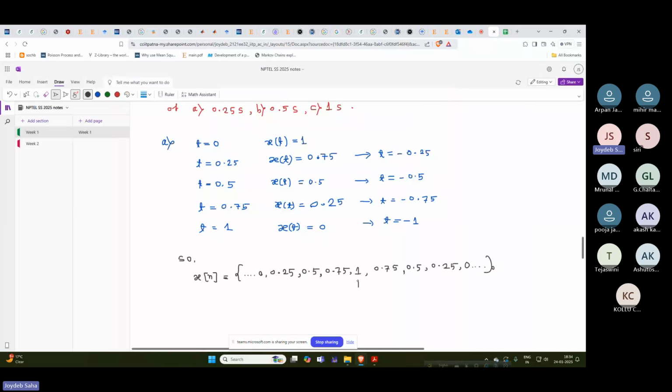The arrow will be here. It indicates that this value is for t equal to 0. Okay.